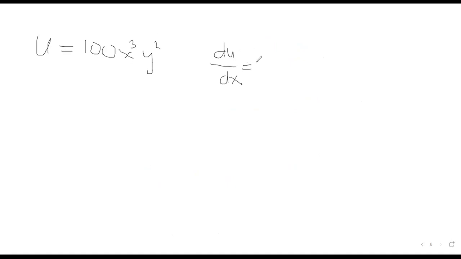The du dx, the marginal utility of x. What is our dummy in this case? Our dummy is y^2. So we're going to differentiate 100 x^3 to become what? 300 x what? x^2.